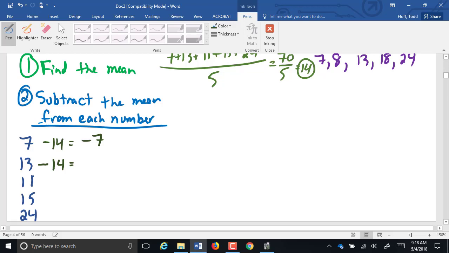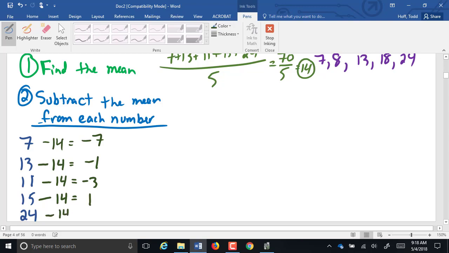13 minus 14 is negative 1. 11 minus 14 is negative 3. 15 minus 14, 1.